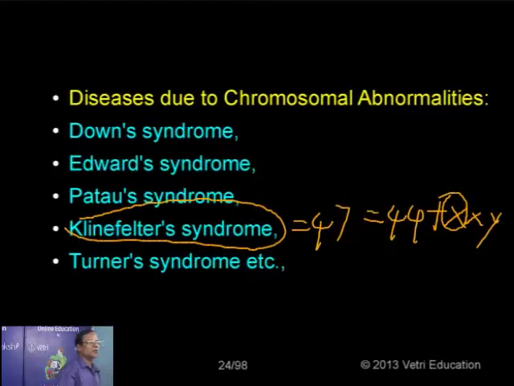In a normal male, you know they have 44 autosomes plus XY. But in this case, one more extra X chromosome is added so that they have 47. Instead of having 2 sex chromosomes, they have 3 sex chromosomes, that too in the case of male. So this is a male disorder. The males have 47 chromosomes instead of 46 because of the presence of an extra X chromosome.